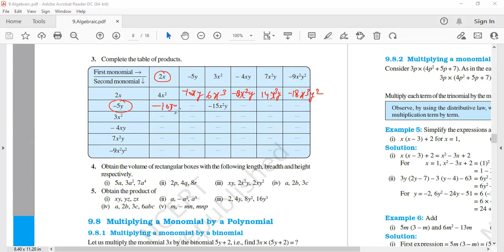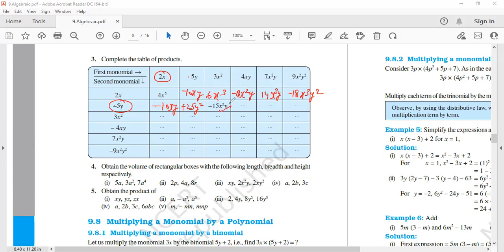And this way, now 2x is multiplied with this one, that will give you minus 10xy. Simply go this way. Now look at minus minus, it will give you plus 25y square, because you know that when minus minus is multiplied, the answer will be positive.